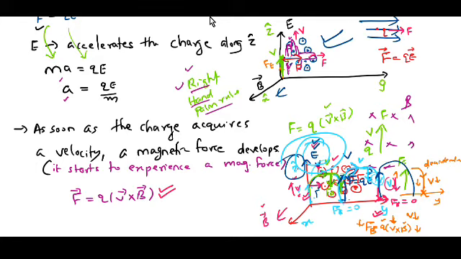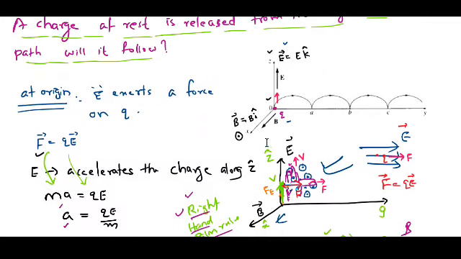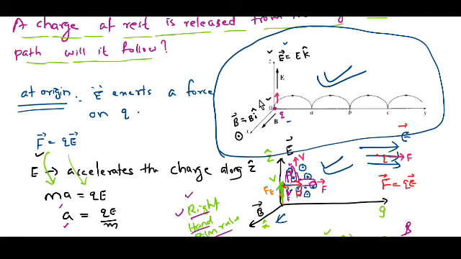In this way, the charged particle follows this path. That is, the particle moves along this one, touches the y-axis, again reaches the velocity 0. Again, it is accelerated by the electric field. Then the magnetic force brings the charged particle to the curved path.